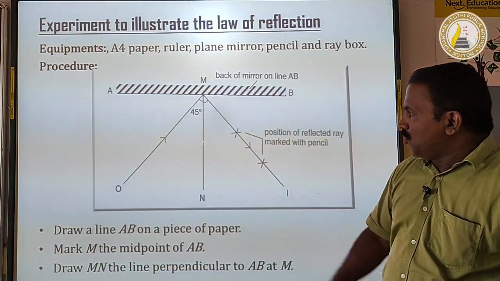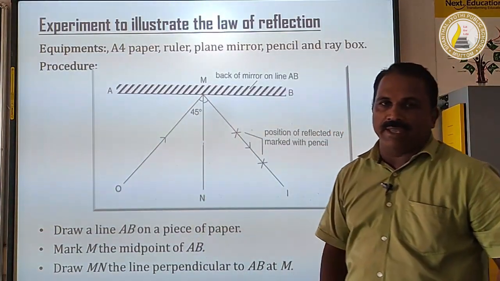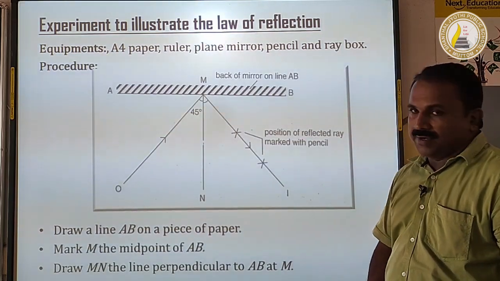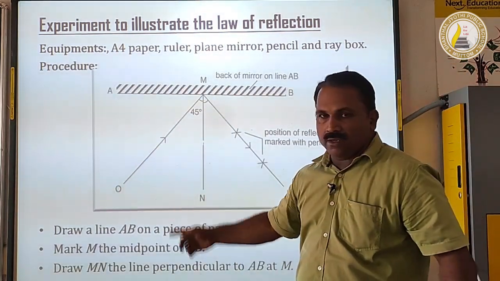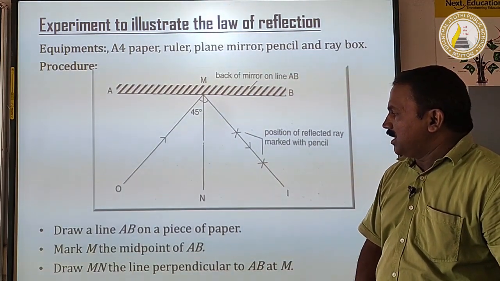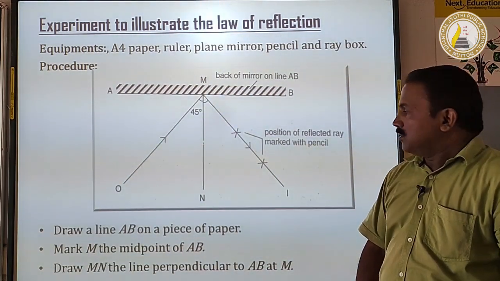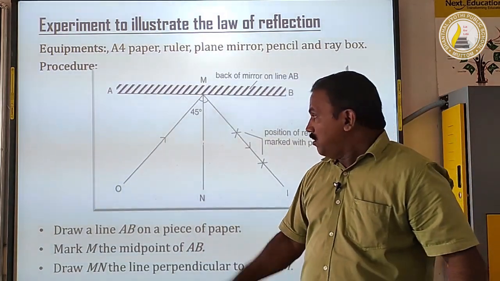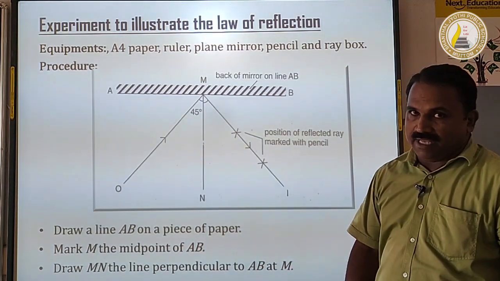Then we have to draw OM with a certain angle, say a 45-degree angle. With this normal we can measure with the protractor and make one line, that is OM, so the angle of incidence is 45 degrees.